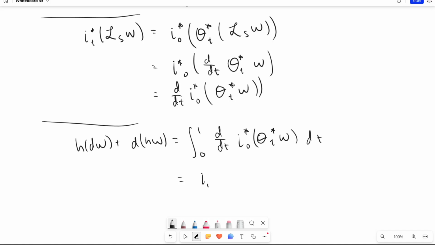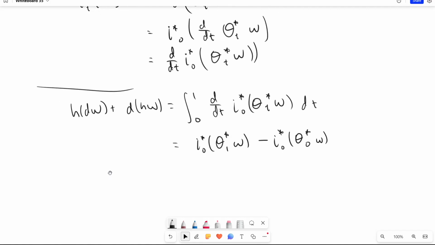So this is I_0 star of theta at time 1 star of omega minus I_0 star theta at time 0 star omega. And then doing this flow, this is I1 star of omega, and then theta 0, that's the identity. So this is just I0 star of omega. And this proves that H is a homotopy operator.